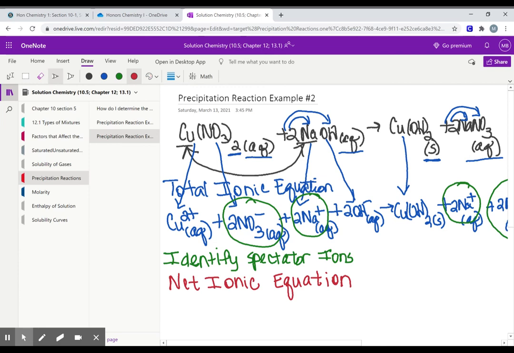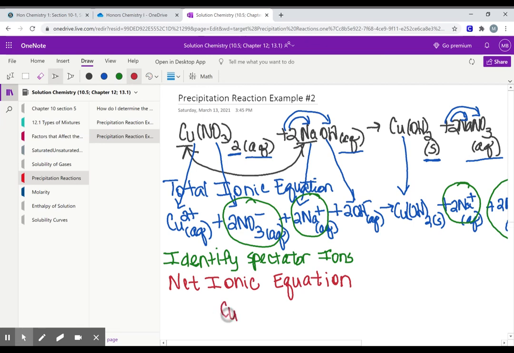So let's pause the video. Okay, so you should have had the time to write out your net ionic equation. So here's what you should have.